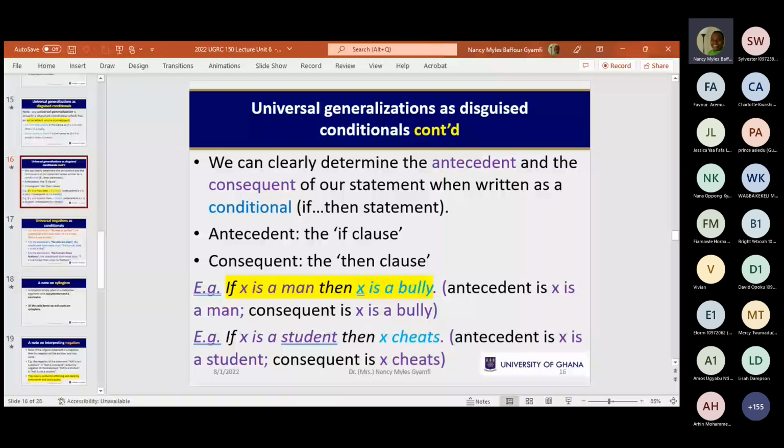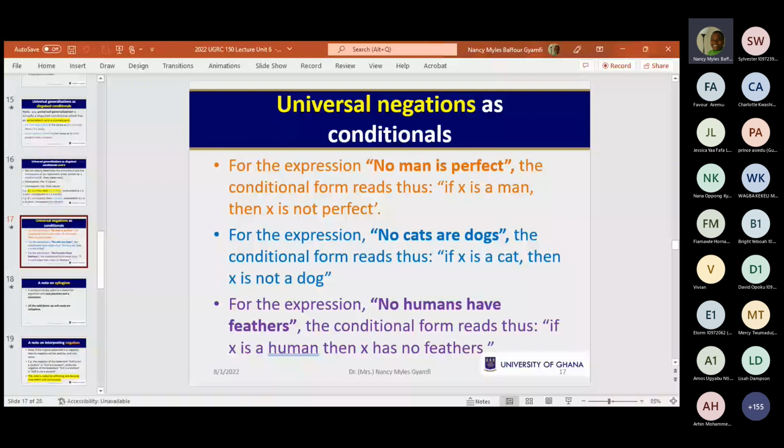No man is perfect means if X is a man, then X is not perfect. When you open it out, the antecedent will be positive, but the consequent will carry the negative, like what we just did with if you study, then you will not fail. Now that you have your raw materials, you can immediately determine whether it is a valid modus ponens or tollens pattern. You are even able to tell if the person who made the argument is arguing validly or invalidly from the raw material.